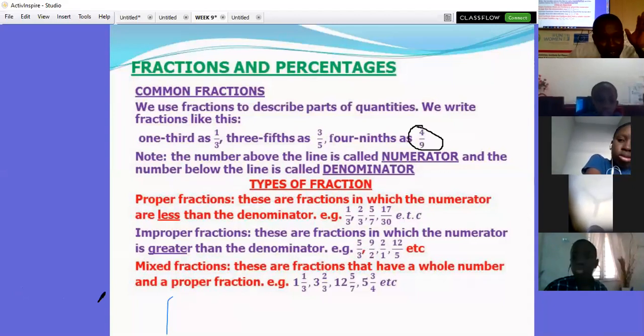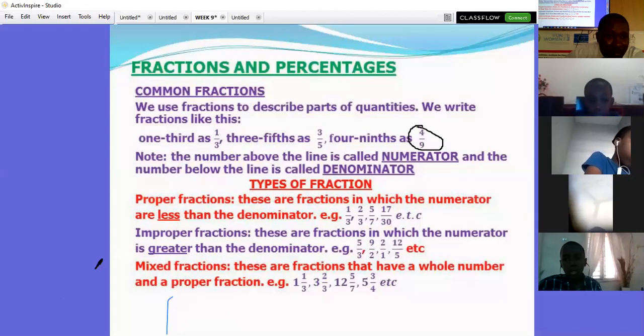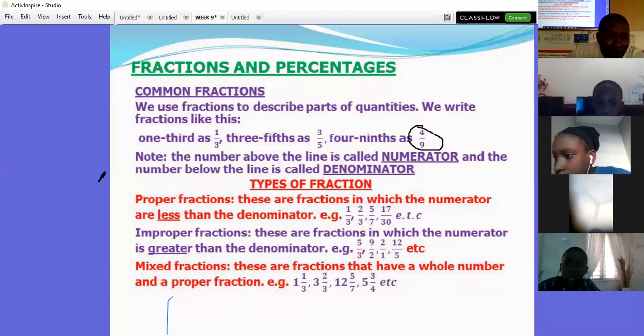Hello? Okay, Saiba, give me an example of a proper fraction. An example of a proper fraction is 4/9. Yes, that's good.